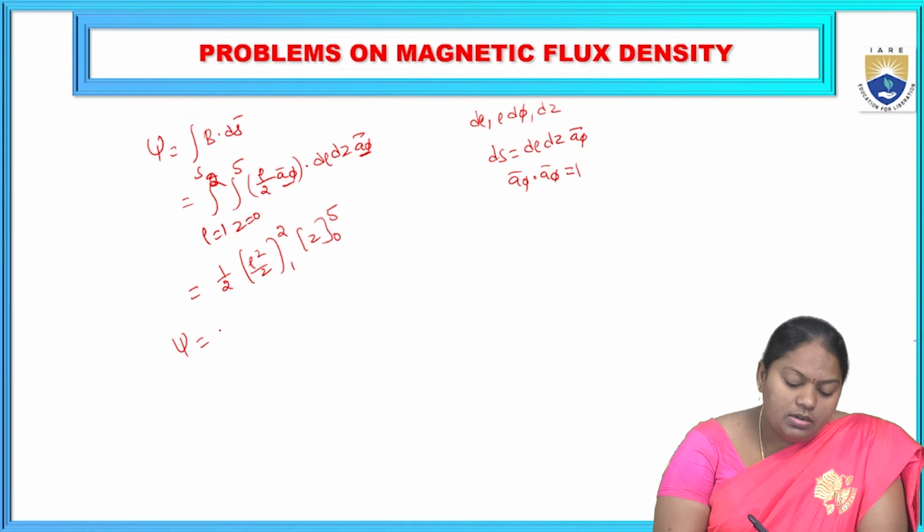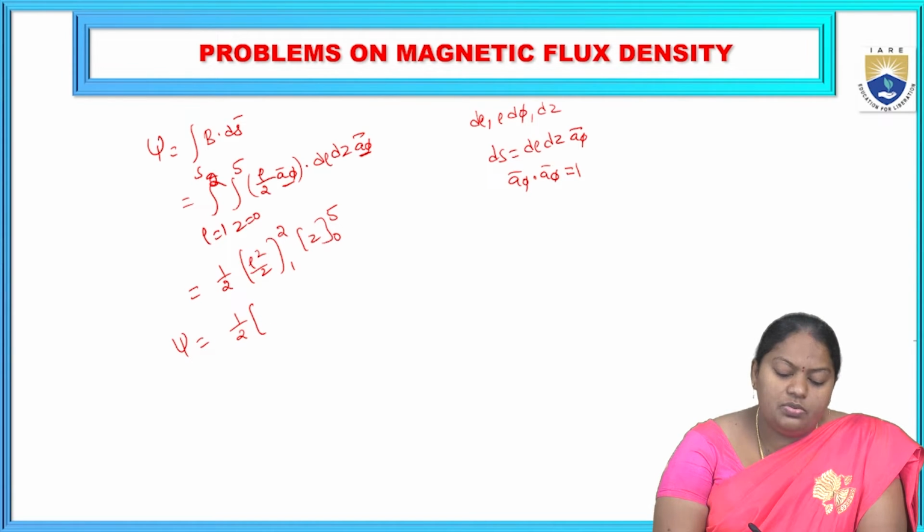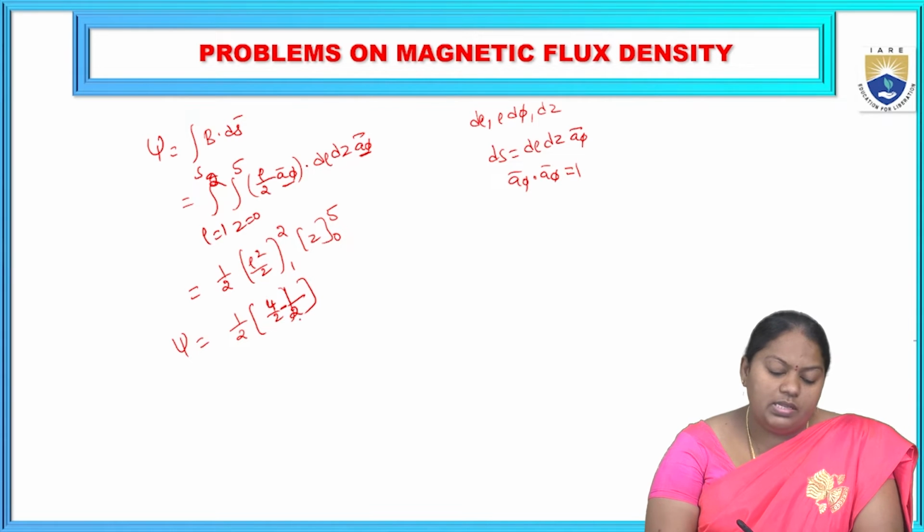So phi equals 1 by 2 into rho square. If you substitute rho square by 2, it will be 4 by 2, minus, and if you substitute 1, then it will be 1 by 2. So 4 by 2 minus 1 by 2.